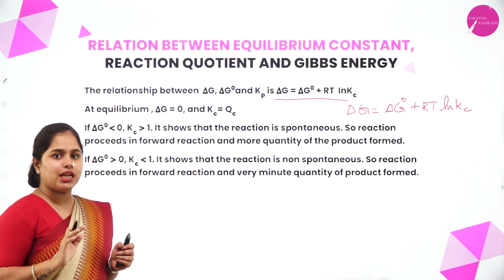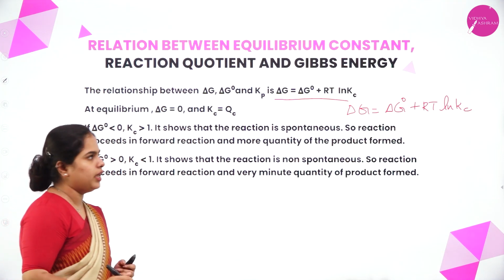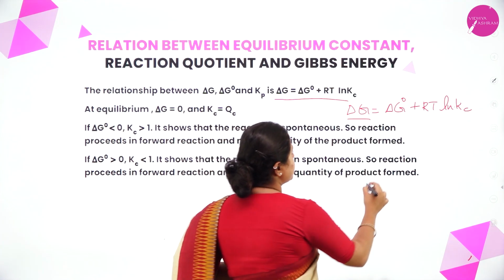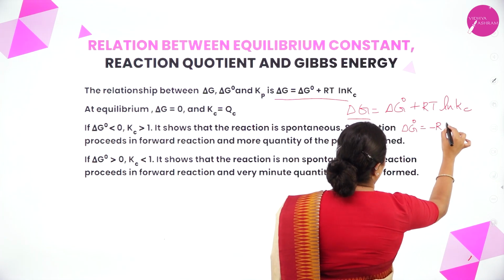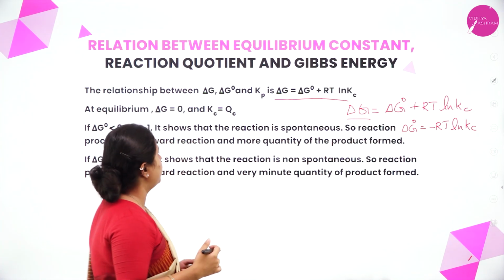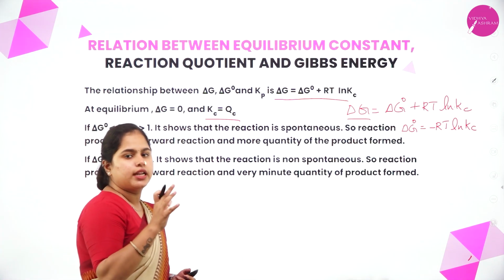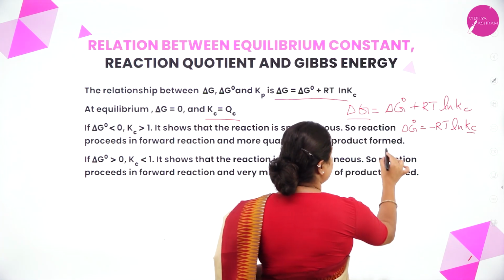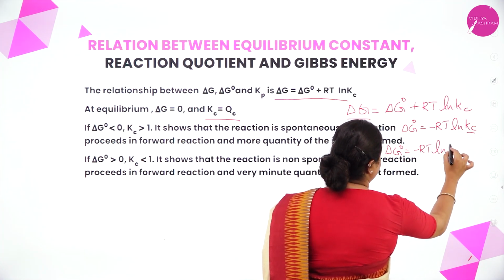So now we are going to find a relationship between these. At equilibrium, delta G will be equal to 0, so this term will be equal to 0. Rearranging the equation, delta G naught will be equal to minus RT ln Kc. At equilibrium, Kc will be equal to Qc, as we have already discussed.